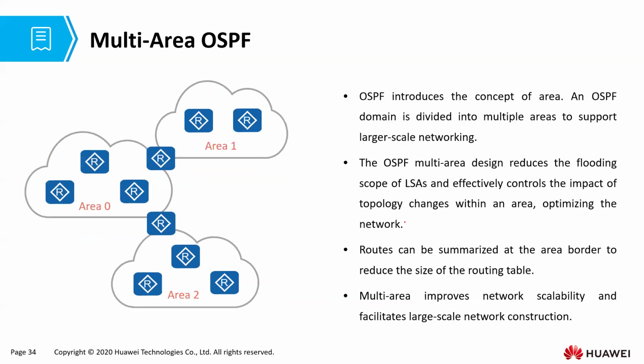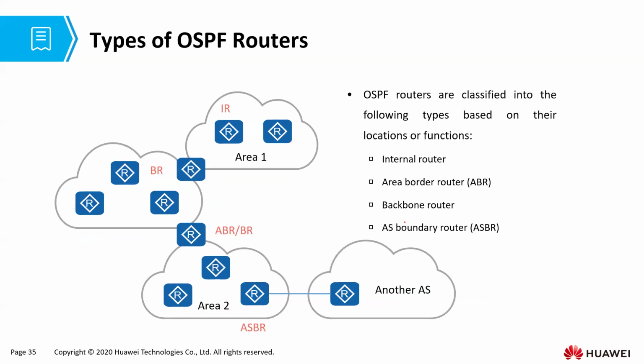With multi-area OSPF, we have to define the types of routers that we have. We have internal routers, which are within the same area. We also have backbone routers, which are in area 0.